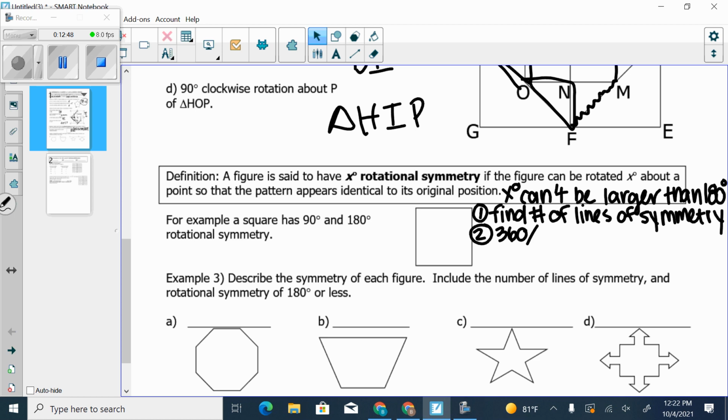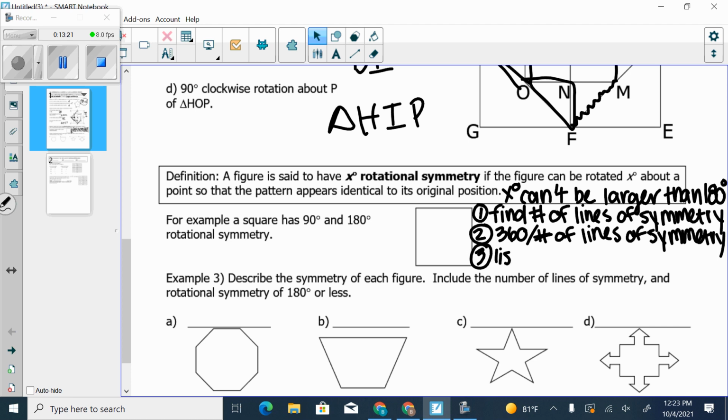So 360 divided by number of lines of symmetry. And then our third step is once you have divided, that you're going to list all the multiples of whatever number we get once we divide that are less than or equal to 180 degrees.